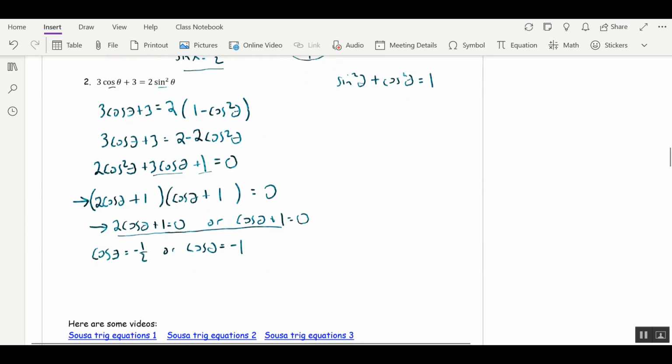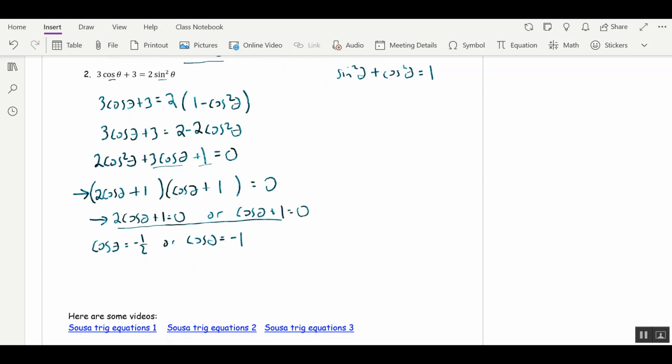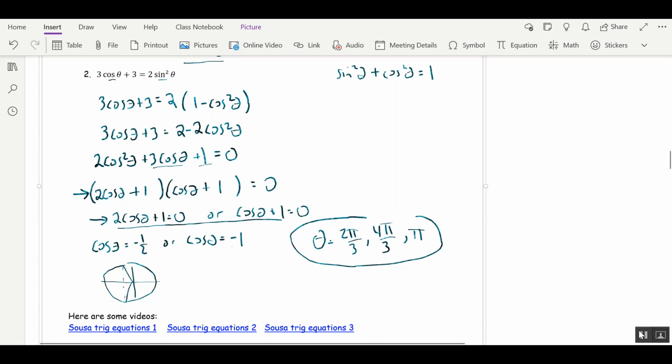If you can do it in your head, I'm fine with that. All right, again, we're down to unit circle. Cosine is the x coordinate on a unit circle, so that's going to be -1/2 here at 2 pi over 3, and here at 4 pi over 3. So I get theta equals 2 pi over 3, 4 pi over 3, and then cos theta equals -1 at pi. All right, and that is the end of this section.